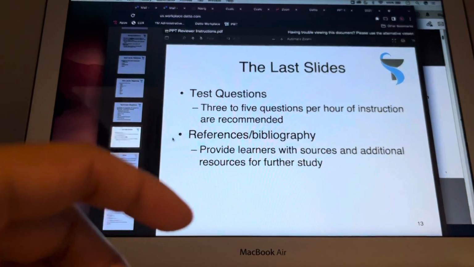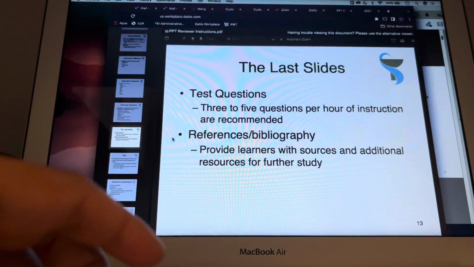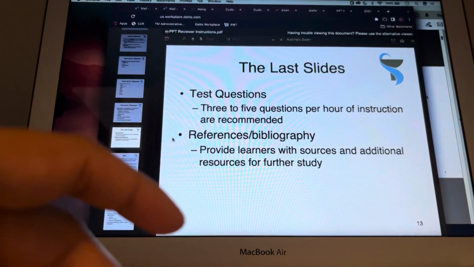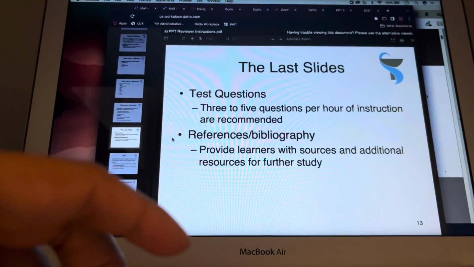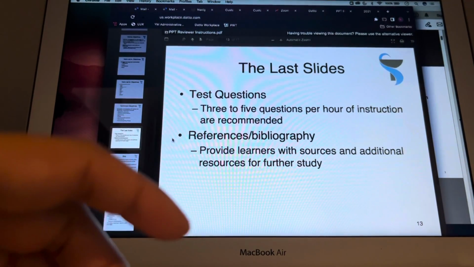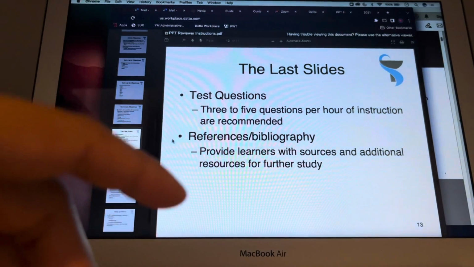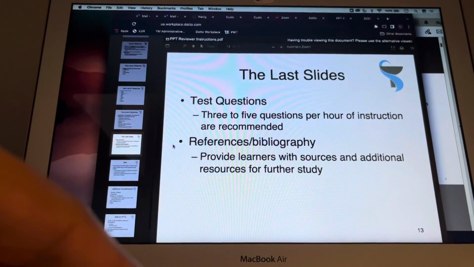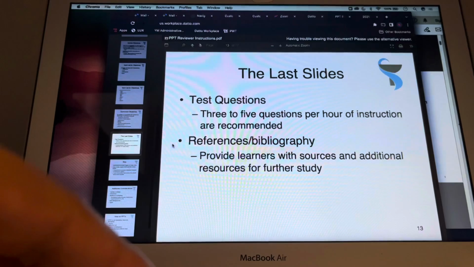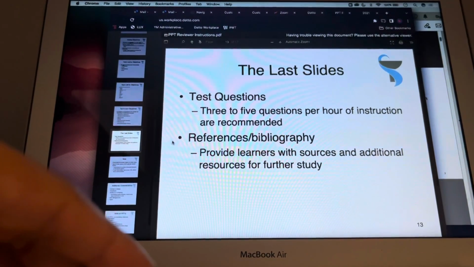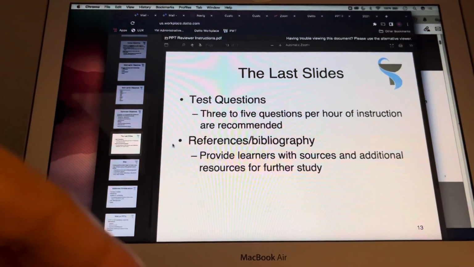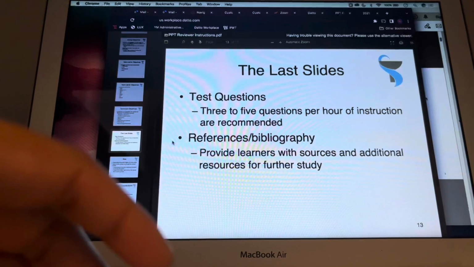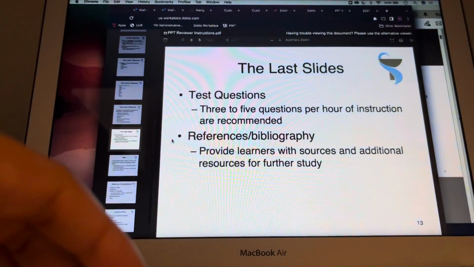And when reviewing these slides in order to approve for CE session and ACPE accreditation, the last slides should contain the following: test questions. It is recommended to have 3 to 5 questions per 1 hour of instruction. 1 hour equals 0.1 CEU.